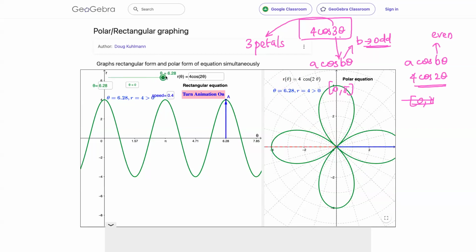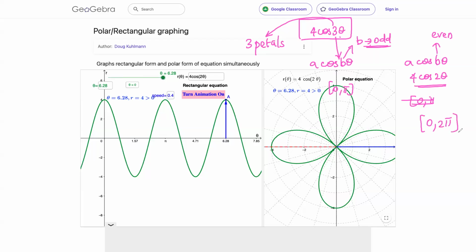So 2π ends here. That is when the graph gets completed. So here the cycle is 0 to 2π. Then only the graph gets completed, and coming to the number of petals, it's going to be 2 times this value. 2n petals, or 2b petals I would say here. Makes sense?